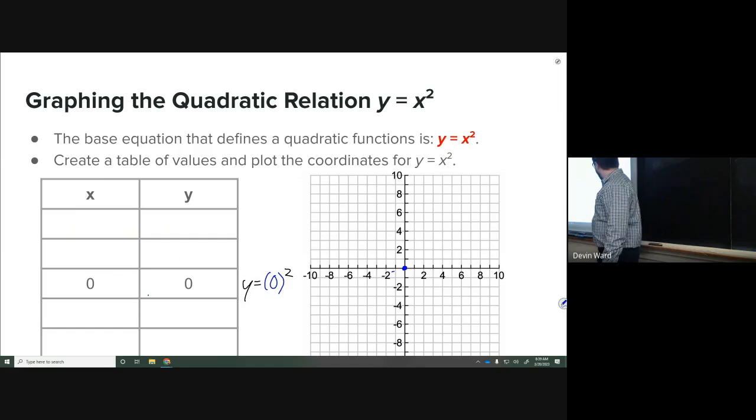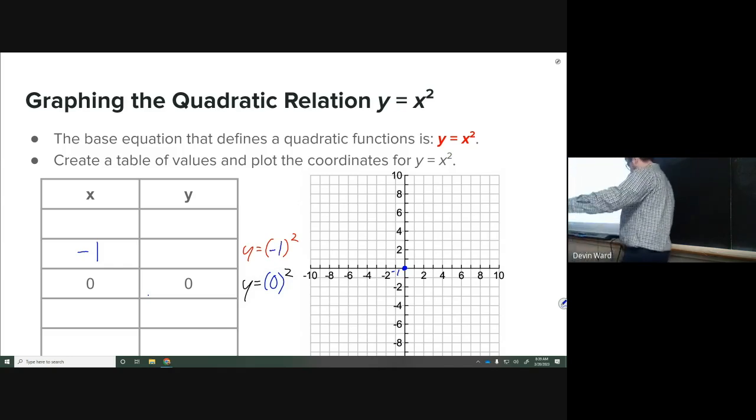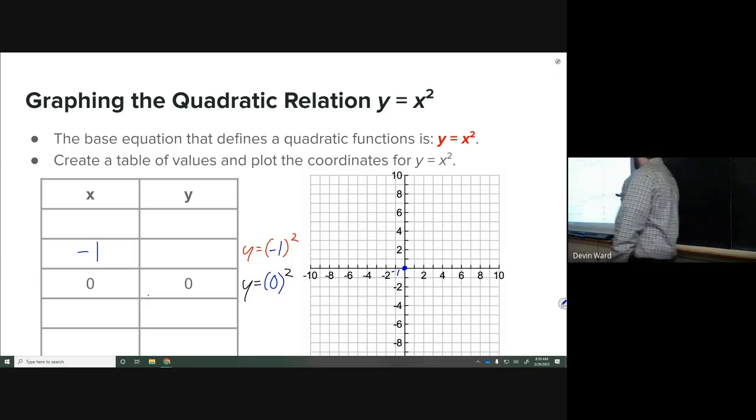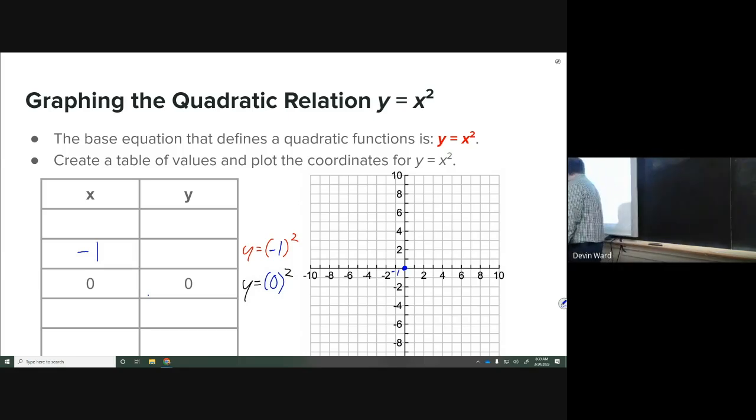Perfect. -1. So I'll go -1. It's going to be my next x value. So over here, I'm going to go y equals x squared. But instead of my x, I'm going to use x equals -1. So I'm going to sub in -1 for my x. And then you can try it on your calculator.